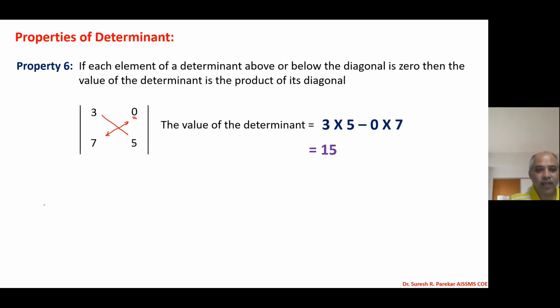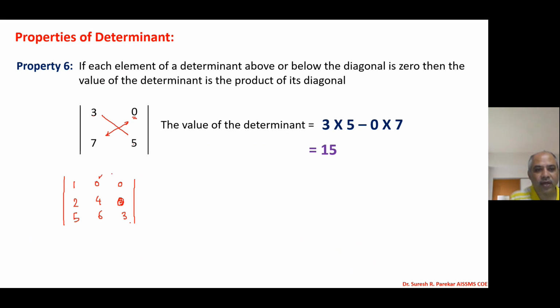Now if you have a 3 by 3 matrix, let us say we have 1, 0, 0. If each element of a determinant above or below the diagonal is 0, so let us say above the diagonal is 0, 2, 4, 3. Sorry, this is now 0 because this is above the diagonal. And then we have 5, 6, 3.